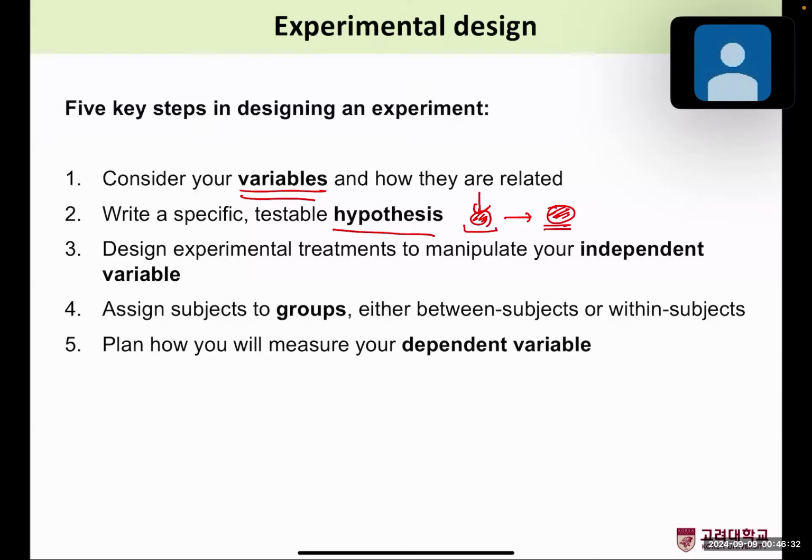This will be your independent variable, and this will be your dependent variable. Then you need to design experiments to manipulate your independent variables, group them depending on their conditions and terms, and plan how you will measure the dependent variables. So that's the basic procedure.